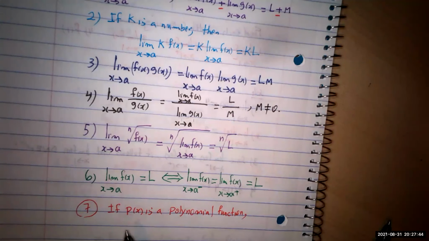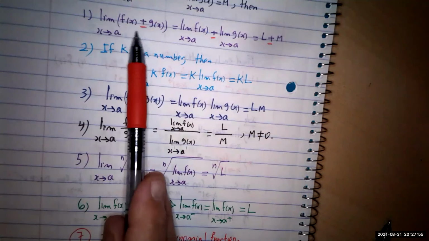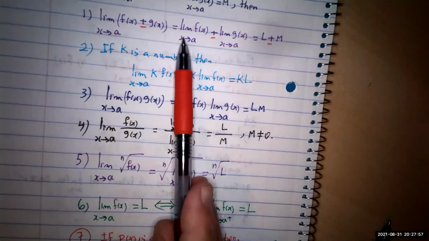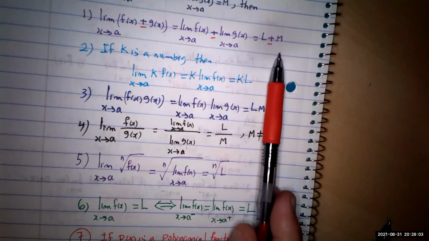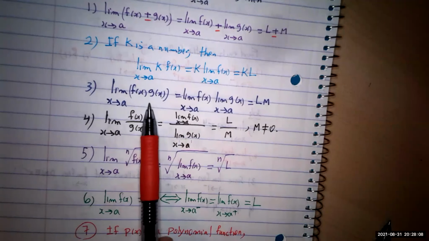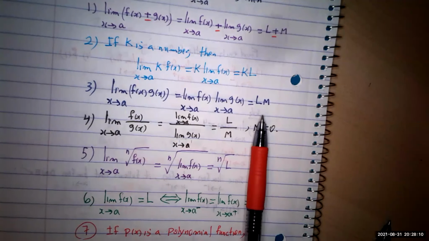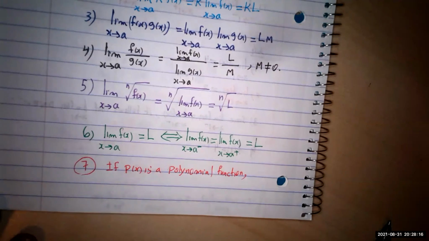Since it's a combination of monomials or powers of x, you can use this theorem. You take the limit into each term: the limit of x cubed plus the limit of x squared, the limit of 5x. Then the powers of x are just products, so we change them into products. Eventually what you arrive at is that the limit of the polynomial is the same as the value of the polynomial at that number.